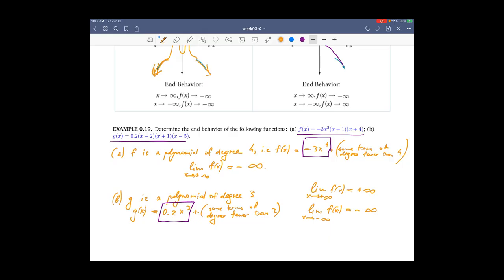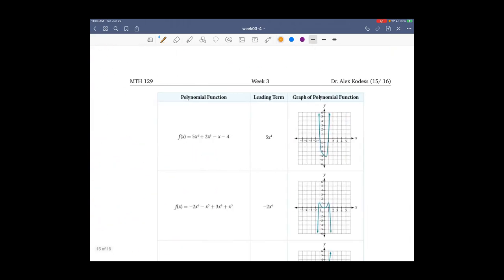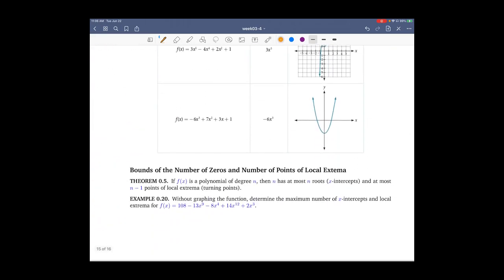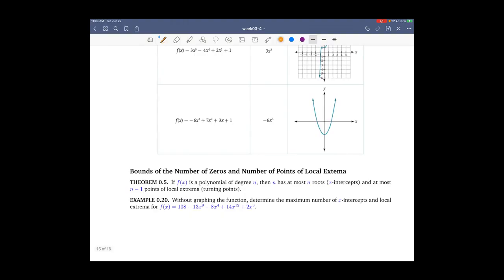All right. Another fact about polynomials that you will need to know is the bounds on the number of zeros and the number of local extrema. Local extrema is the plural of extremum.